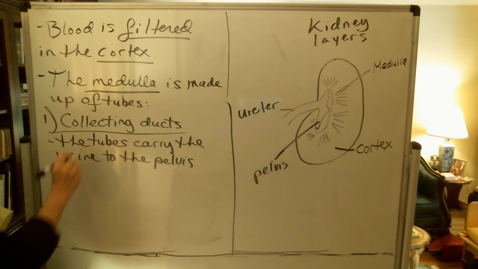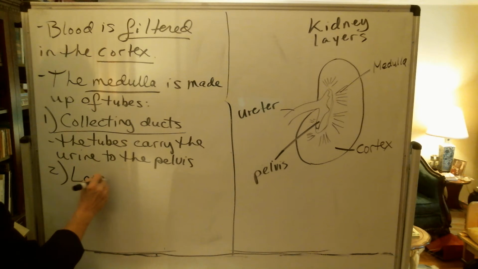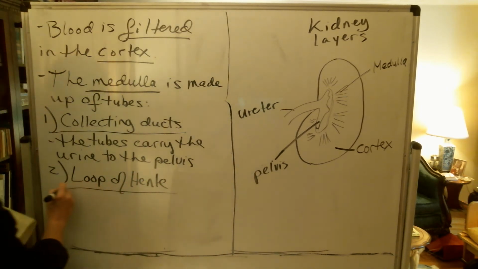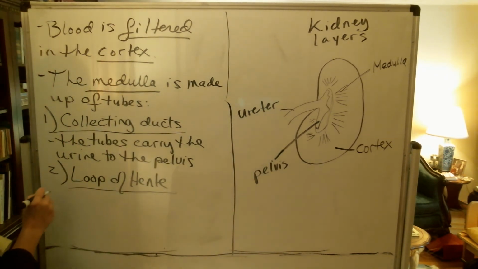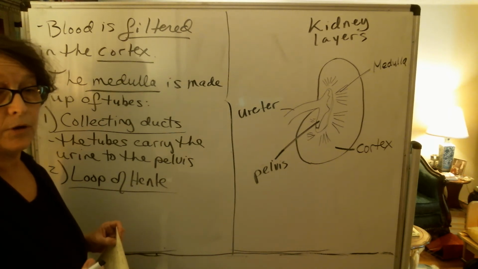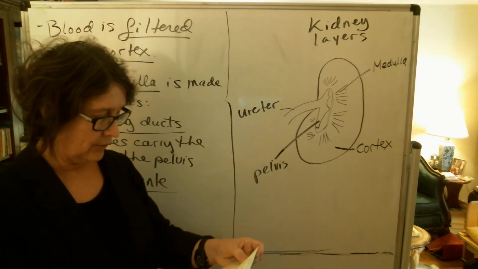And the other tubes that you find in the medulla are what is called the loop of Henle. And for that, I will simply say more on this later. I will talk about the loop of Henle and its role in urine production in a later lecture.